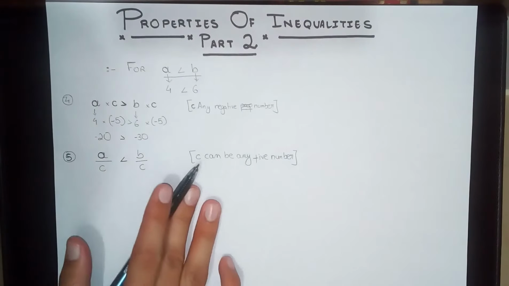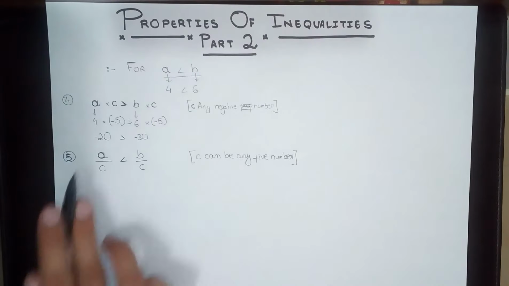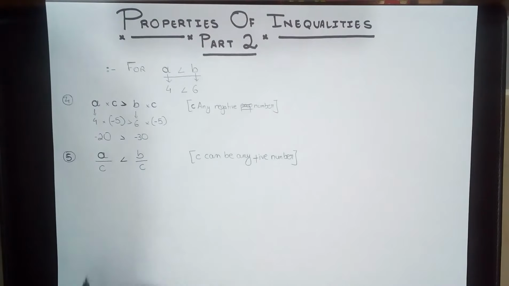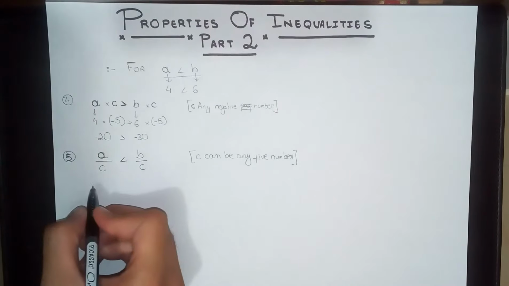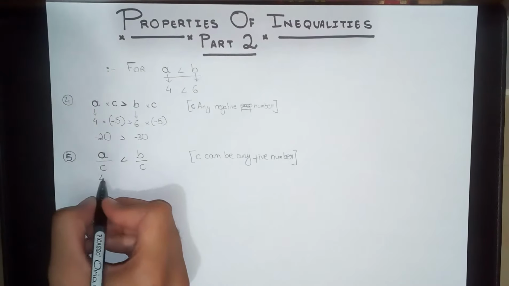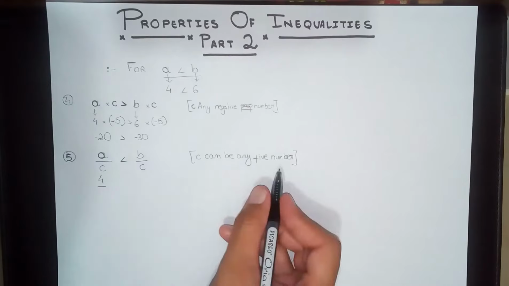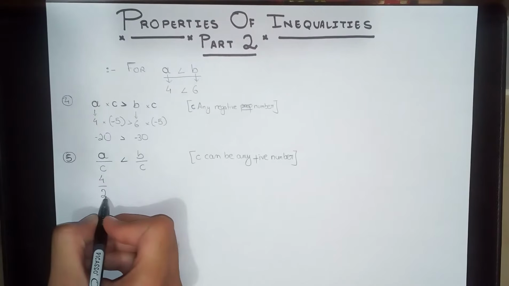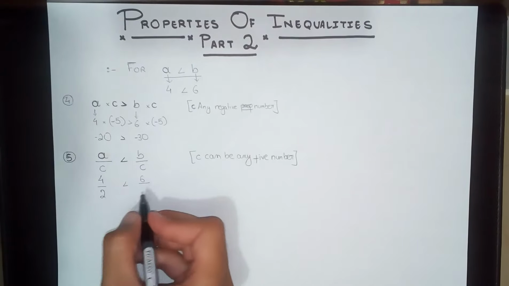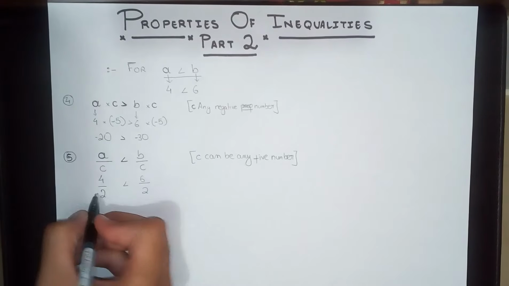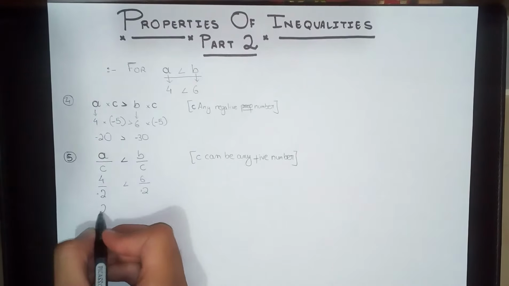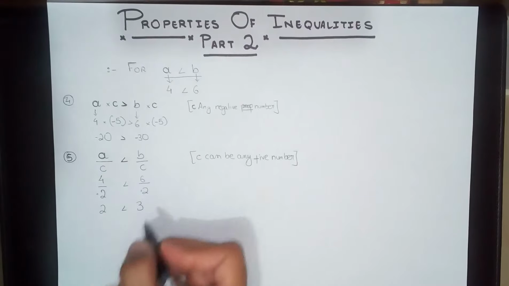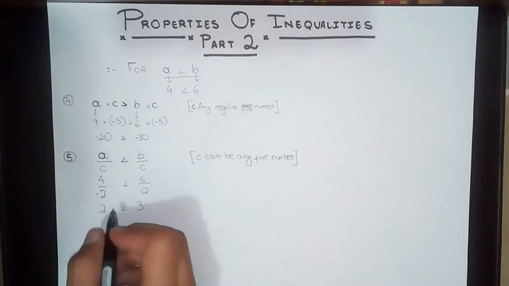When C is any positive number, the inequality remains the same. A was less than B, A is still less than B. This is the fifth property, and let's actually prove this. We can use any positive number. Let's say we use 2, because 4 and 6 you can both divide by 2. 4 divided by 2 is equal to 2, and 6 divided by 2 is 3. Yes, 3 is greater than 2. So that has been proved.